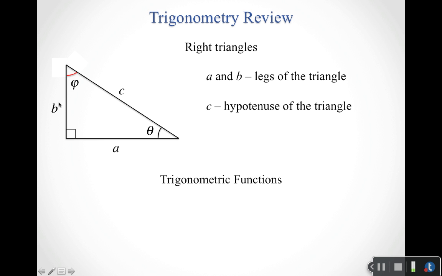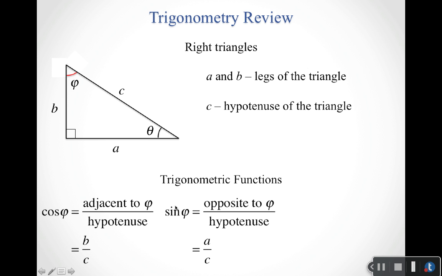In this case, we happen to have drawn it into the leg that we've labeled B. So now B is the adjacent side, and A is the opposite side here. So if we want to think about the cosine of phi, I want the adjacent side to phi, that's side B, divided by the hypotenuse. So notice that my ratio here is flipped around. This is B over C rather than, for theta, where it was A over C.